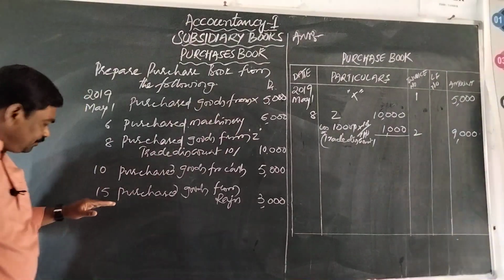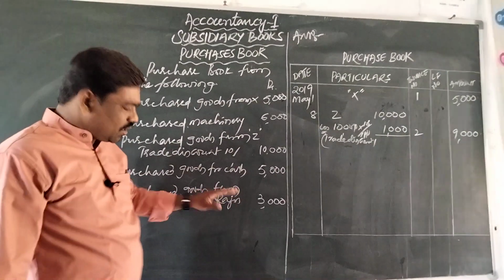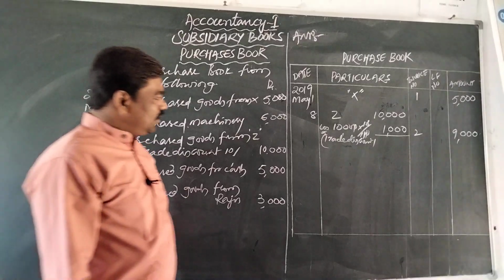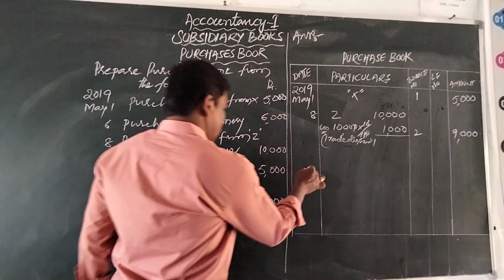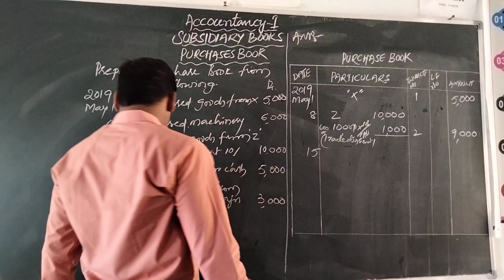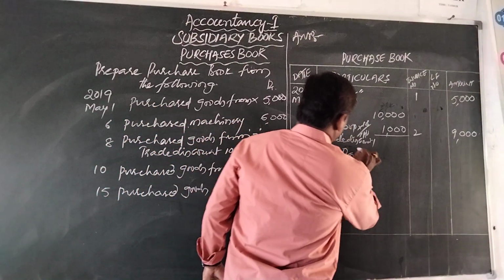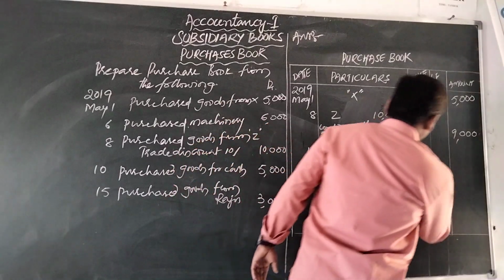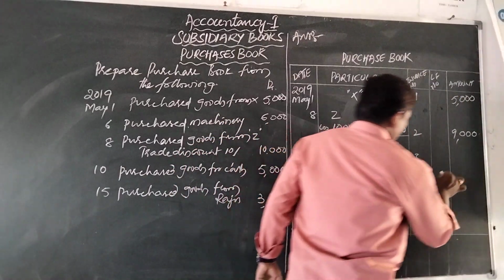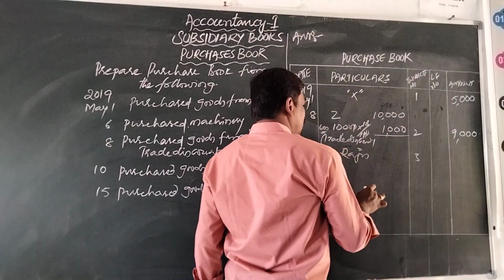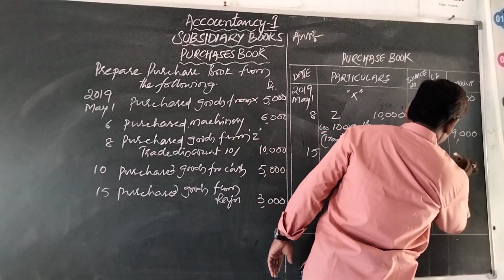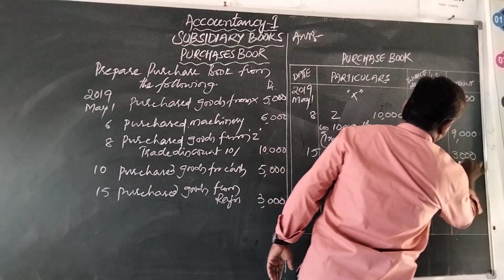And come to the next one, purchased goods from Raju. It is a credit transaction. It can be taken as date 15, and here you write only the name of a person, Raju, and invoice number 3, and that is the assumed figure we gave here, assumed number, and amount is rupees 3,000.